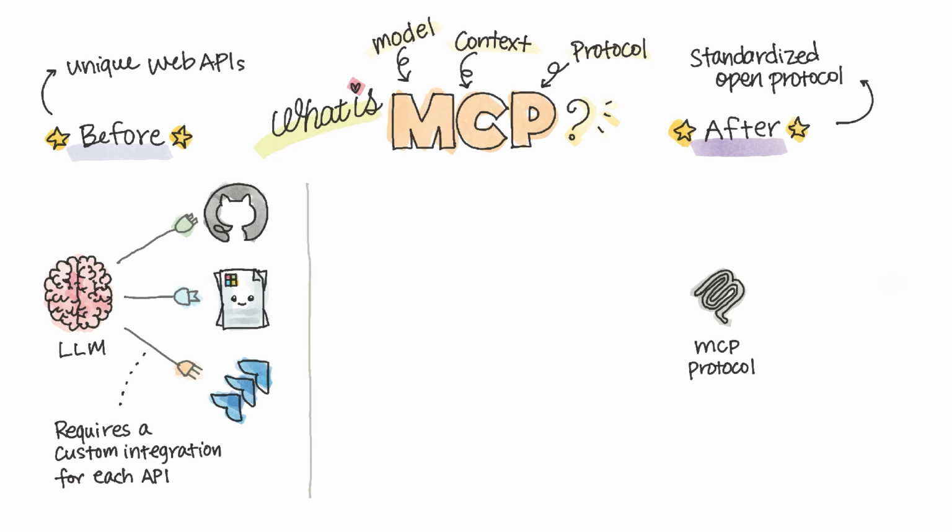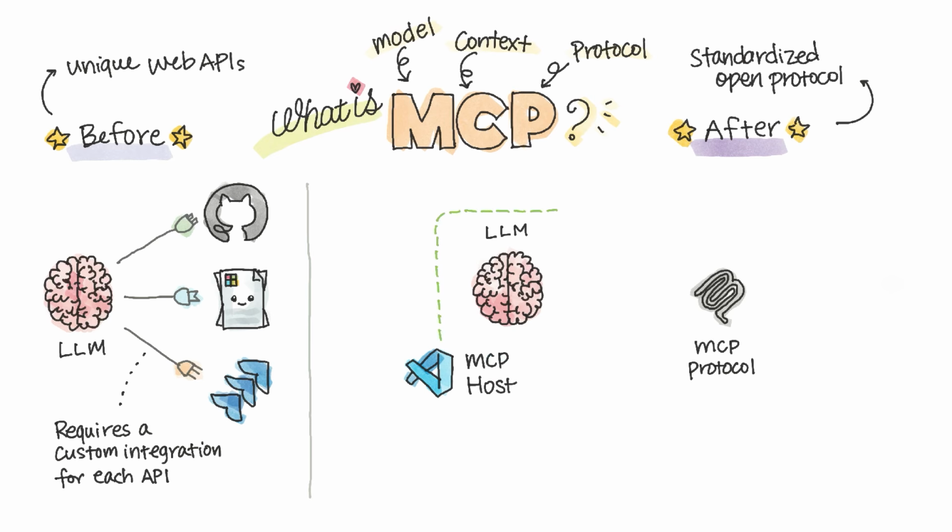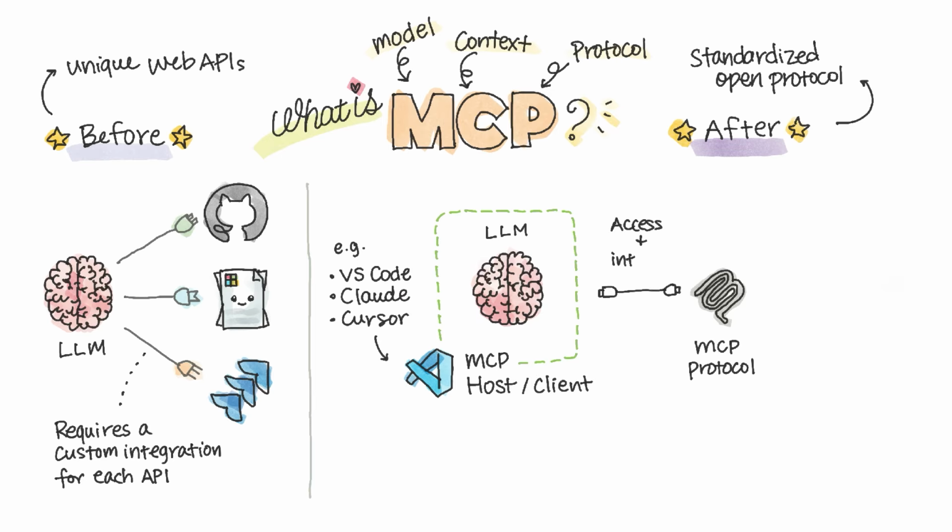So here's how it works. The MCP host is the environment where the language model runs. Hosts can be AI-enhanced IDEs like VS Code, Claude Desktop, and Cursor, or can be other AI tools that want to access data. The client is a component within the host application that handles technical aspects of communication with MCP servers.